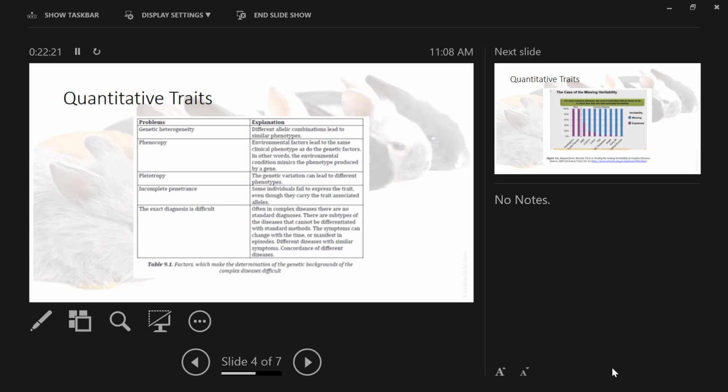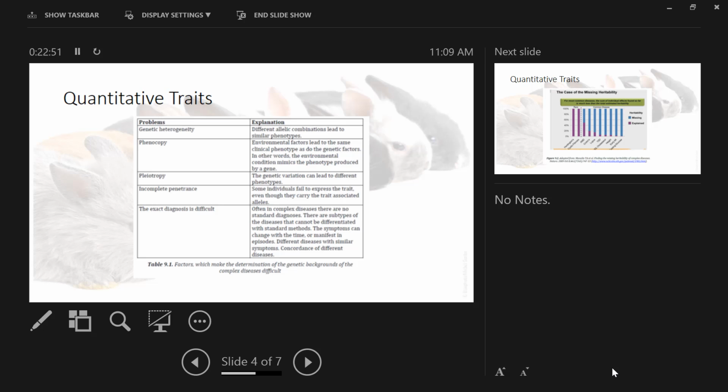Same exact genome, and yet they could be different phenotypically. That could be environmental, but it could also be what we call stochastic effects, where you get a random expression of various genes. Incomplete penetrance is something we talked about a long time ago: individuals could have a genotype for a particular phenotype, but it just doesn't appear because the penetrance is less than 100%.